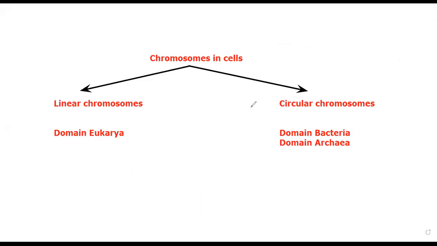Introns. Okay. If you take a gene, here I am taking a gene. This is a piece of DNA which is working as a gene. In it, there will be two kinds of regions. One kind of region called exons. Another kind of region called intron.